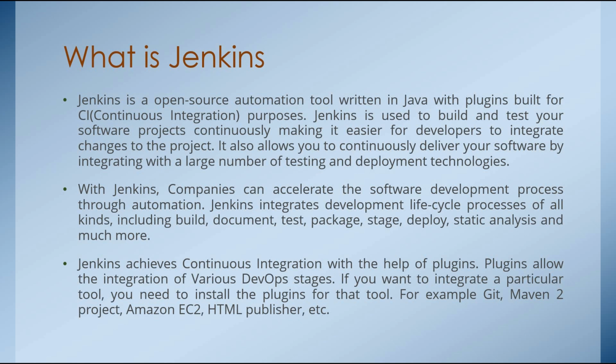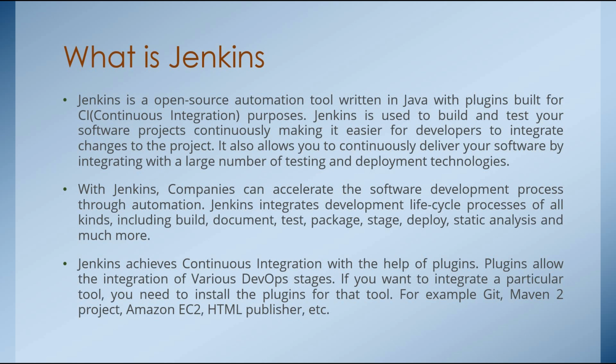Okay guys, so what we discussed in this video is what is Jenkins. Jenkins is an open source automation tool written in Java with plugins built for CI and CD, which eases the development process. And why do companies use Jenkins? Companies use Jenkins to integrate their development life cycle processes of all kinds.